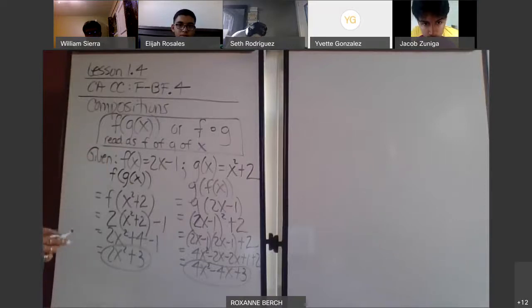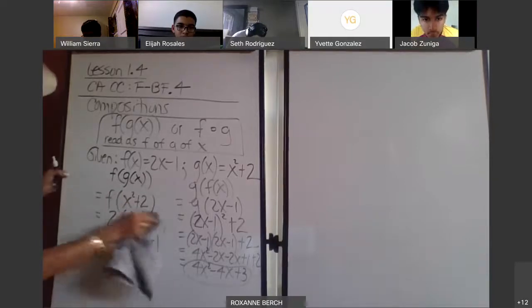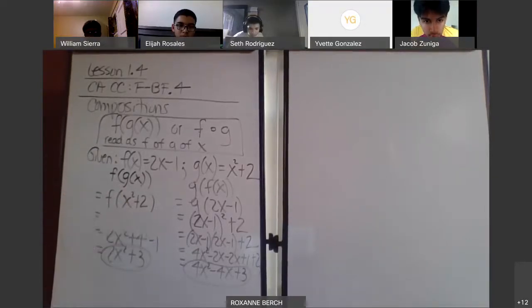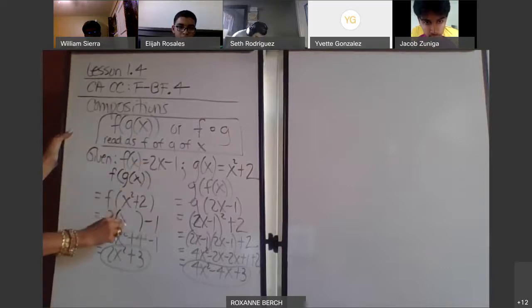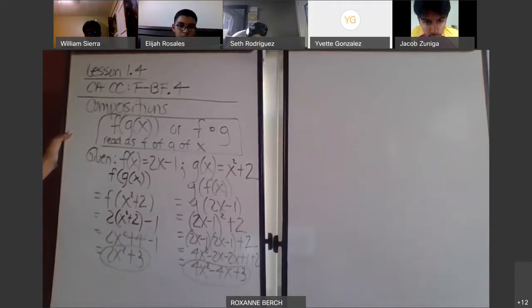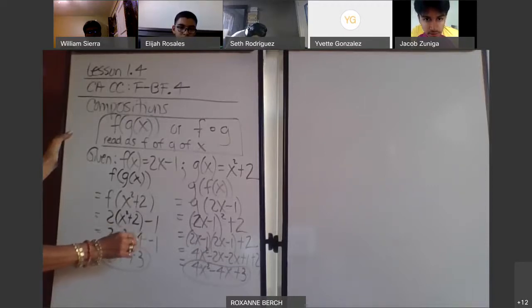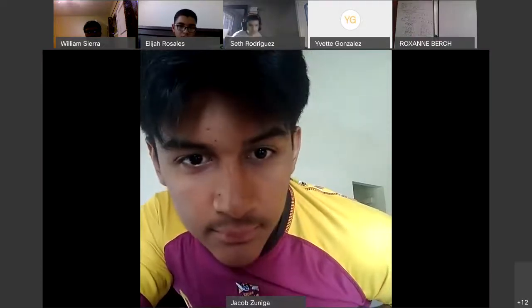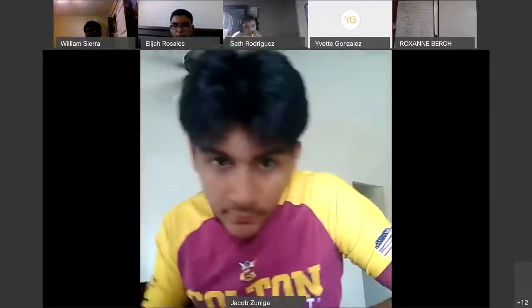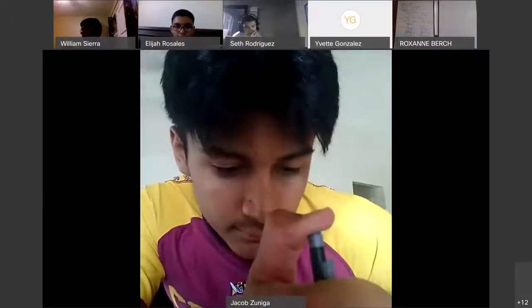So in the f function, I have to take out the x and put this in its place. So the f function is 2 times something minus 1, and I'm taking that x out and putting this in its place. Did you follow it or no? Yes. So think of it as being nested. It's coming from the inside out.